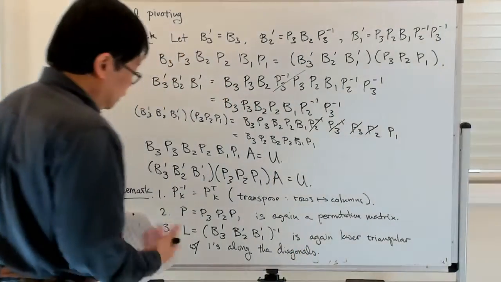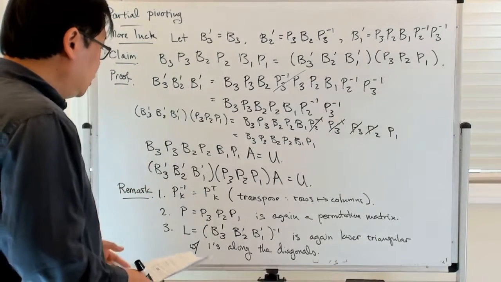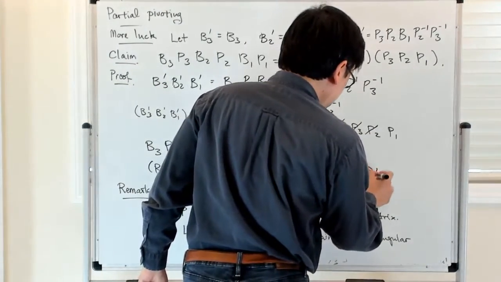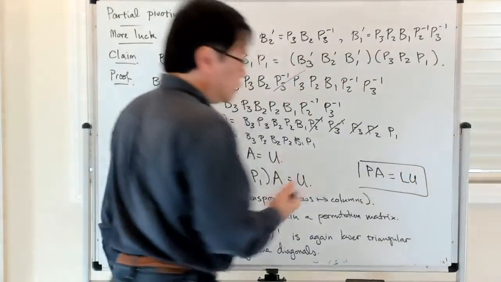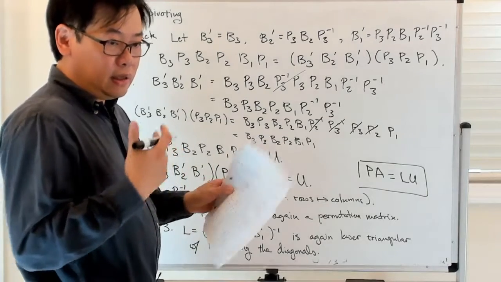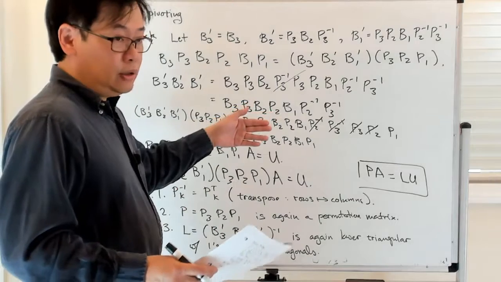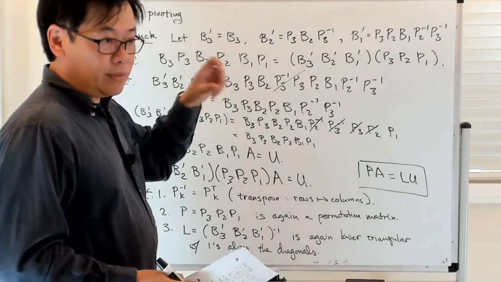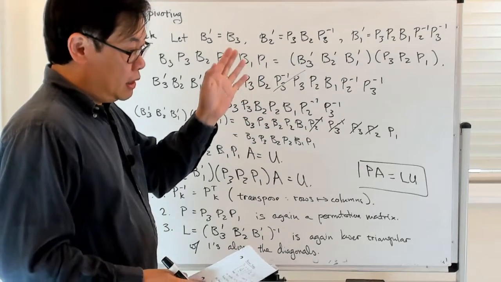All right, so what this is more or less saying is that instead of having A equal to LU, you have something which looks more like P times A is equal to L times U, right? So another way to think about this is that if you take this matrix A and you permuted the entries ahead of time, then you could do LU decomposition on it in such a way that the pivot which shows up on the diagonal is always going to be the one which is maximum in that column.